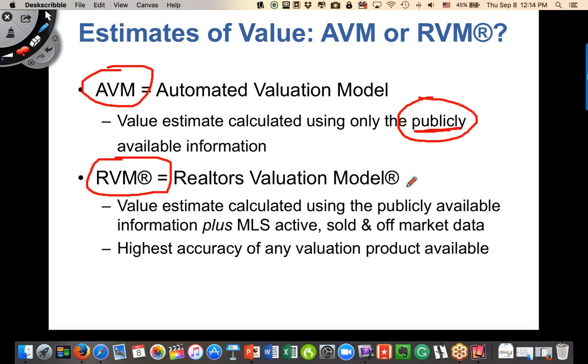Well, let's look down here. The RVM uses public information, but what else do we get to use? The MLS. Our formula has more data and more information than the competitor's data. So therefore, ours hopefully has a higher degree of accuracy, and it's a better valuation product.